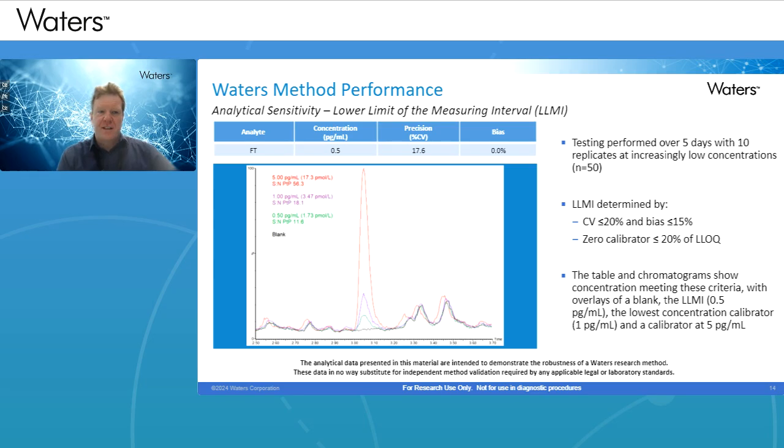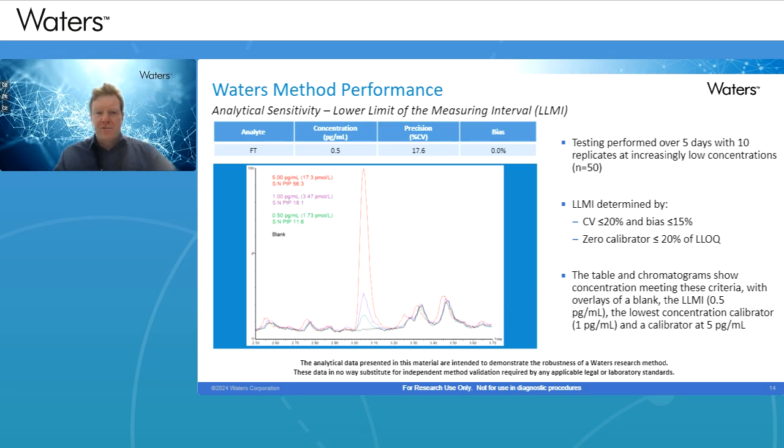From this, the determined lower limit of the measuring interval, the LLMI, was 0.5 picogram per milliliter. This was the concentration at which total precision was less than 20% and bias less than 15%, though, as previously noted, the calibration range started at a higher concentration of 1 picogram per milliliter.